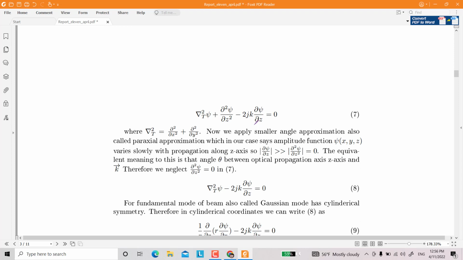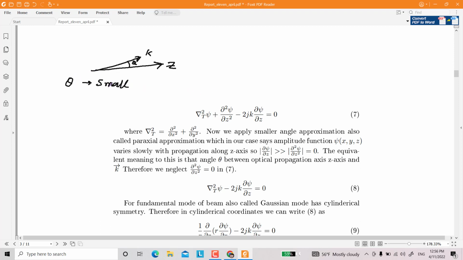This approximation can be used if we assume that our beam is propagating along the z direction, right? And our wave vector k is making an angle theta with respect to z, but remember that k is not diverging from its original path significantly because theta is small, right?